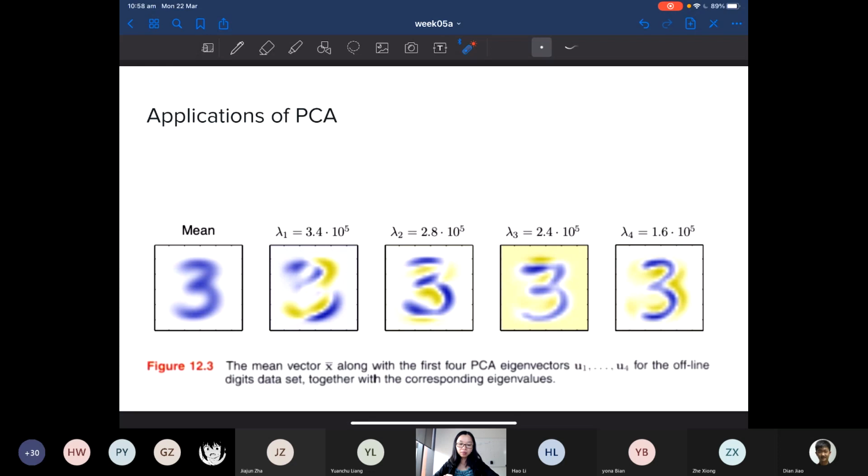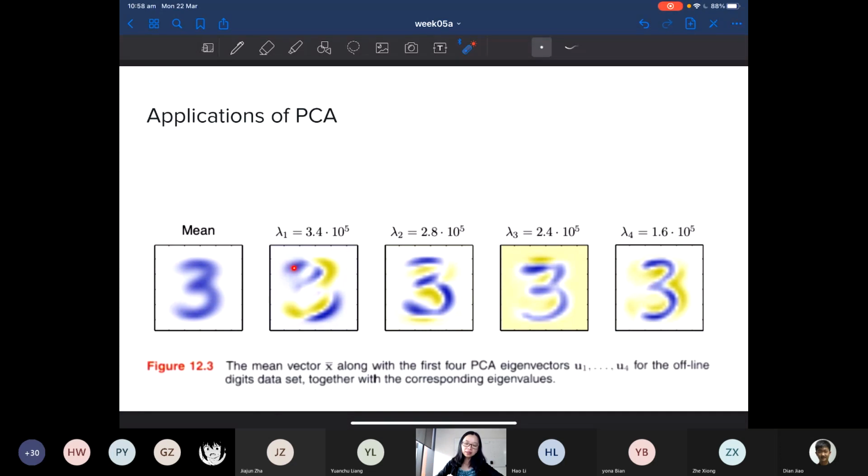So the first component basically says the 3 is more likely to be slanted this way than that way. It captures the rotation, right? Also, the coefficient in front of each component for each data point doesn't have to be positive either.